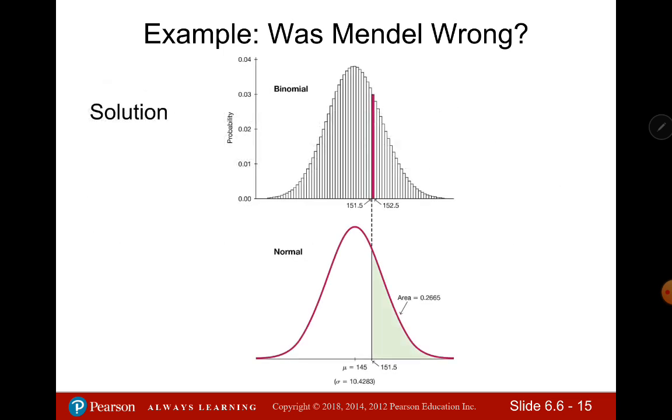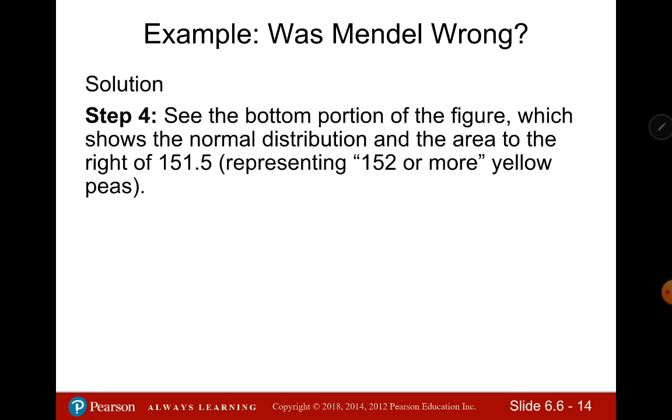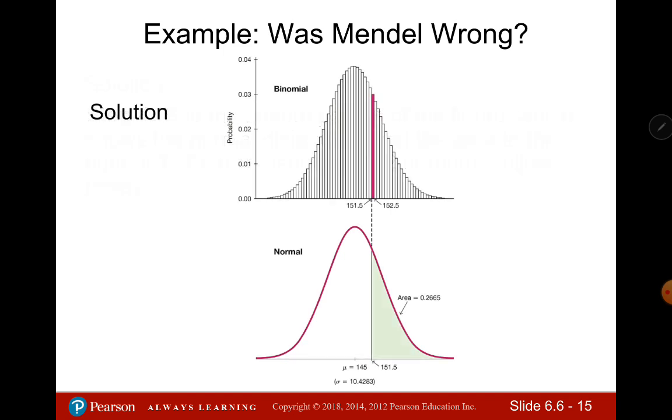So we know we want to get 152 or more. So let me write this down. X is in a binomial distribution.